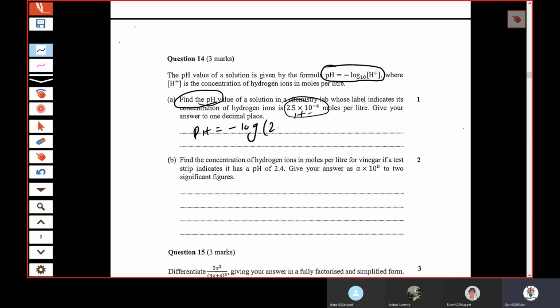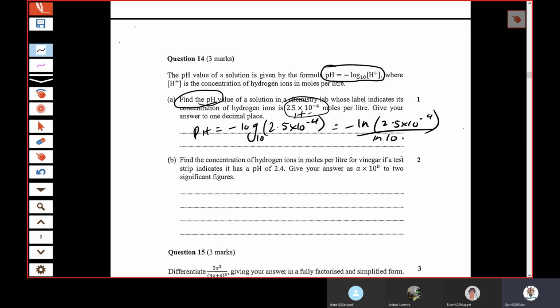2.5 times 10 to the negative 4, subbase 10, which equals negative ln 2.5 times 10 to the negative 4 over ln 10. That was easy. Simple substitution.